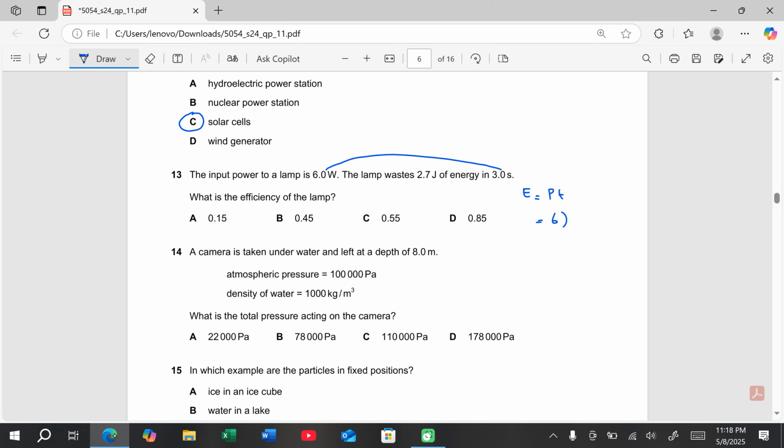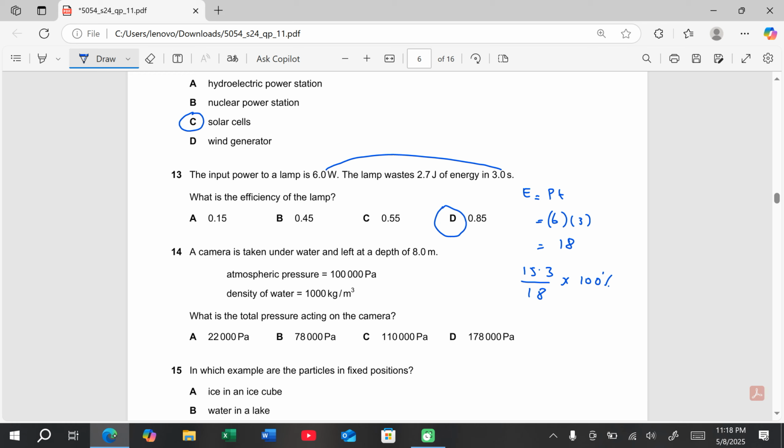Power is given as 6, we need to multiply it with 3, that is going to be 18 joules, and out of 18 joules 2.7 is wasted, so useful will be 18 minus 2.7, that is going to be 15.3, and I'm going to divide that by the total input times 100, that is going to give you D as an answer, which is very efficient, although it doesn't seem like the lamp has this much efficiency, but still, because the question gives you the reading, you need to rely on that.